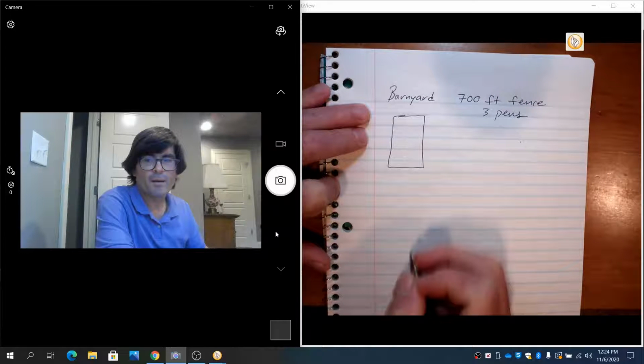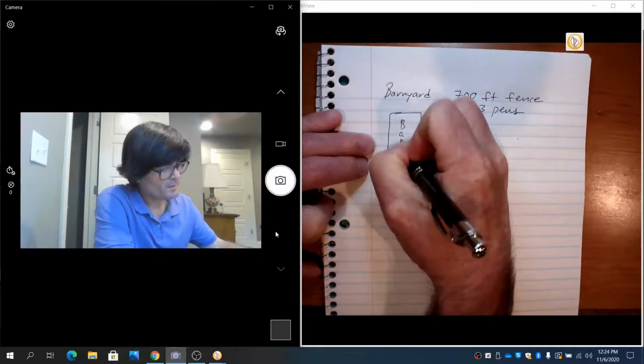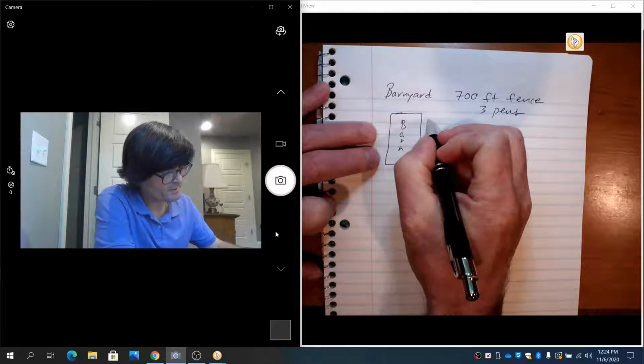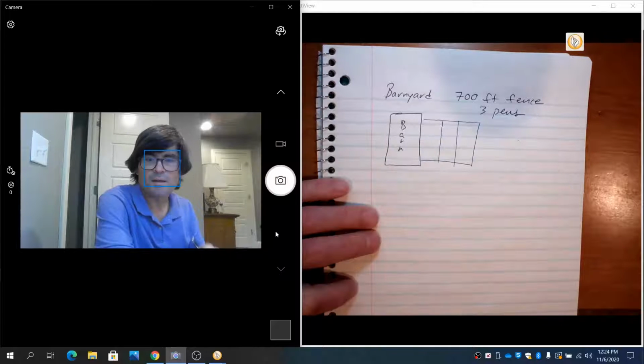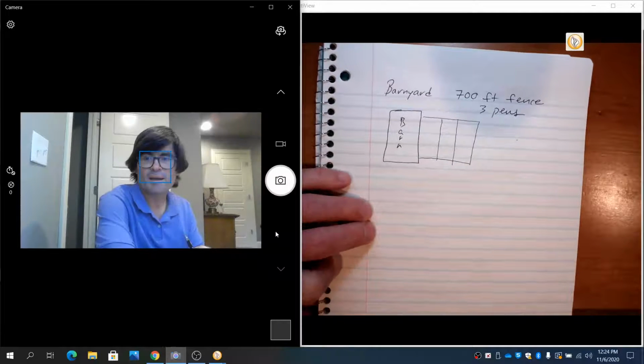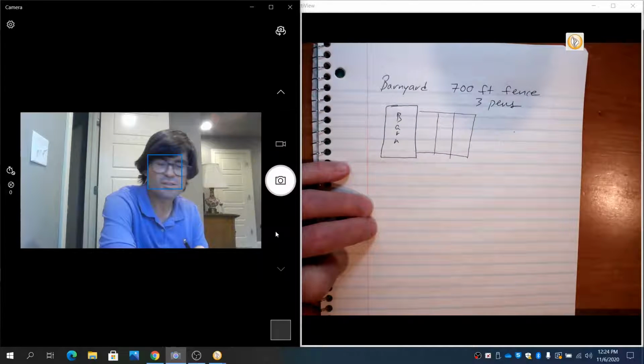So this is a barn. So your fence is going to look like this. And you need 3 pins. And we're going to see what the maximum area is you can make with these 3 pins.